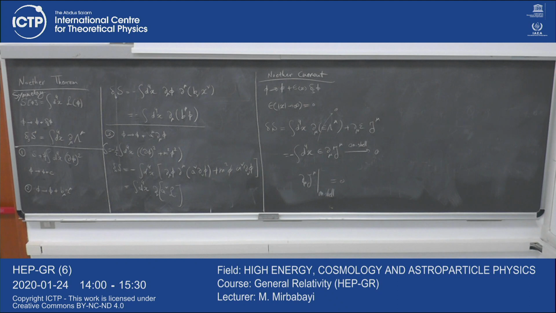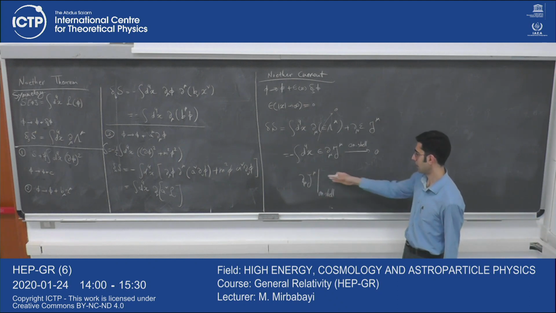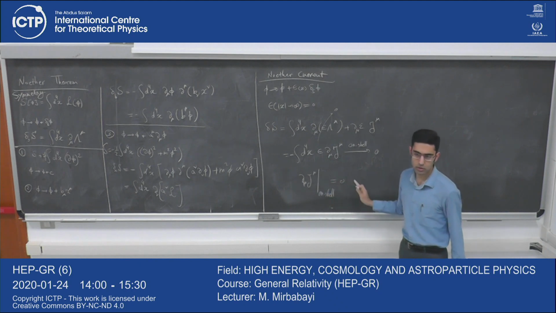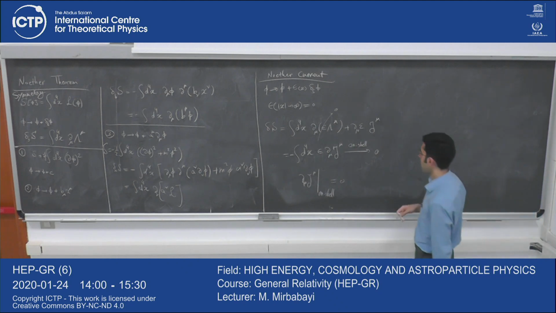So this J mu is called the Noether current, and the fact that d mu of J mu has to be 0 when the equations of motion are satisfied is called the Noether Theorem.